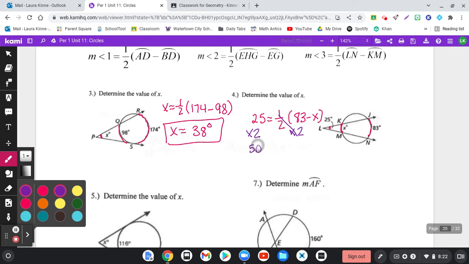So 50 equals just 83 minus X. Subtract 83. You get negative 33 equals negative X. We can't have negative. If you just have a negative X, divide by negative 1. So that angle is going to be 33 degrees.